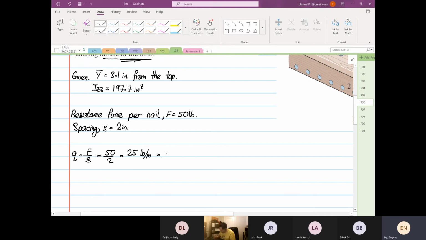And then we can relate this to Vy over IZZ QZ, right? So rule number 1, Vy is a constant, IZZ. The problem is always the QZ, right? What area do you analyze?